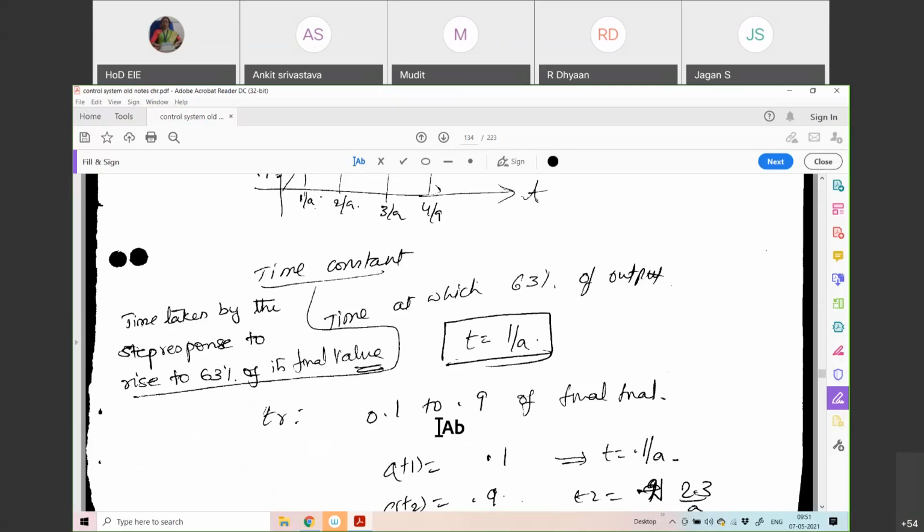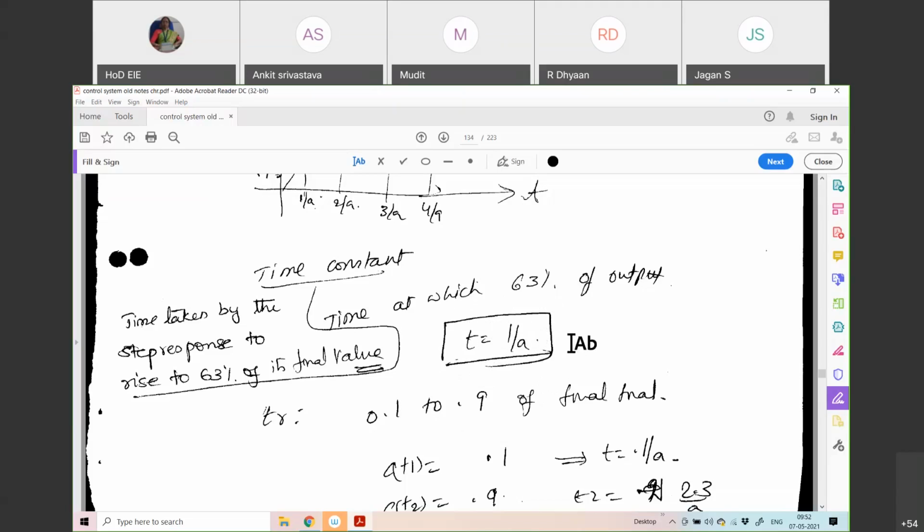So 63%. The time taken by the system to reach 63% is the time constant. Generally, it is given by T is equal to 1 by A. For a first order system, the time constant, that is, the time taken by the system to reach 63% of the final value, would be equal to 1 by A.